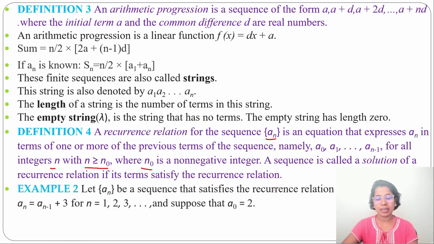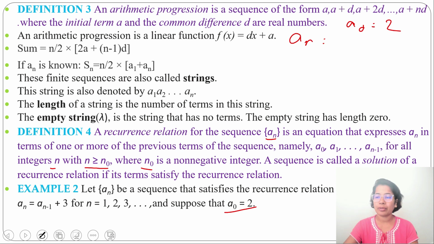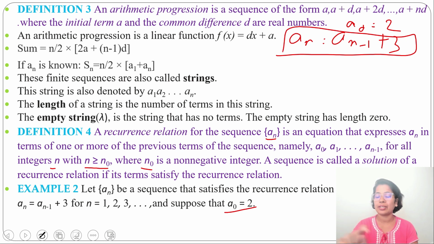So from the recurrence relation we can get a sequence as a solution. Let's see one example. Let a_n be a sequence that satisfies the recurrence relation a_n equals a_(n minus 1) plus 3, where n is a positive integer, so 1, 2, 3 till infinity, and suppose that a0 equals 2. So here the initial term is a0 equals 2, and a_n equals a_(n minus 1) plus 3. This is our recurrence relation. Now what will be a1? a1 will be a0 plus 3, 2 plus 3, it will be 5.